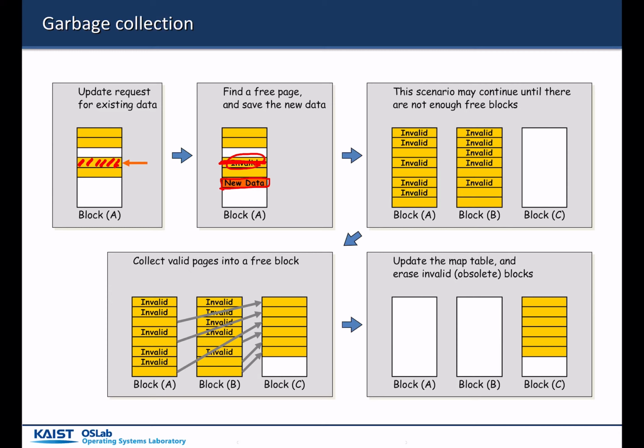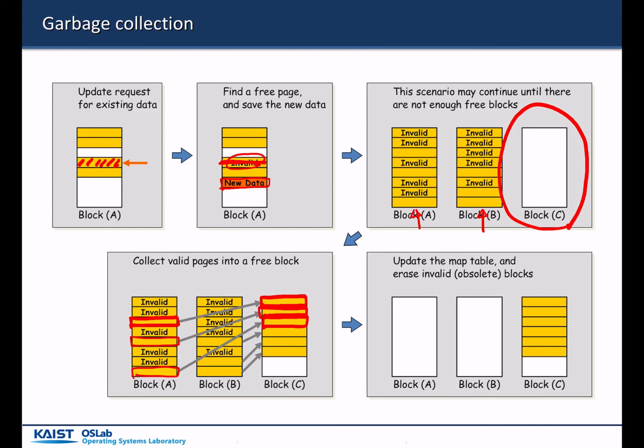What garbage collection does is that here there is an empty block C, and then the FTL chooses 2 blocks as victims for garbage collection. Then it migrates the valid entries from each block to the flash block. This one goes here and here and here.